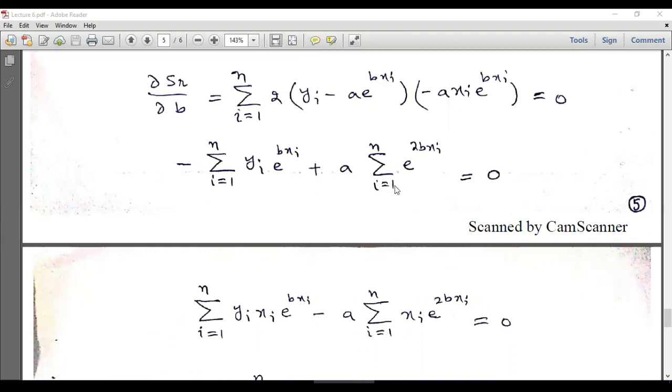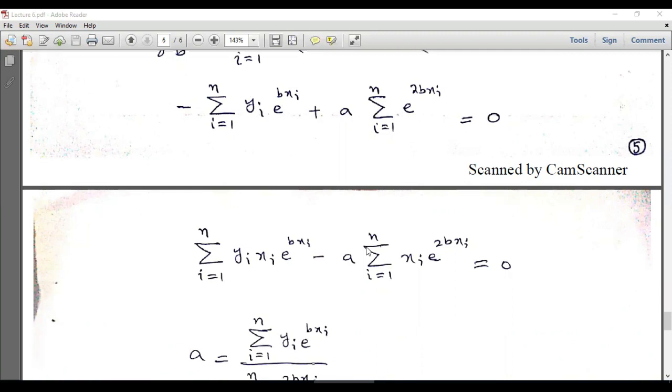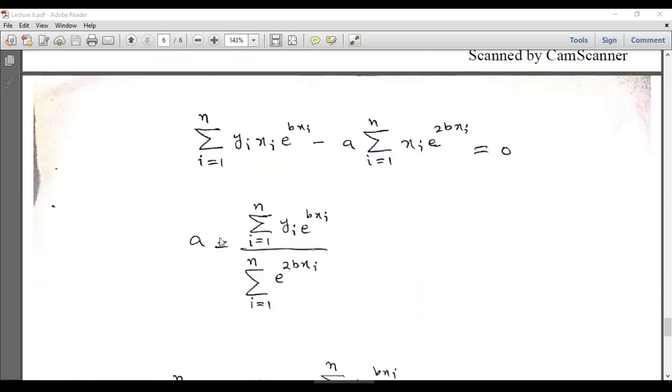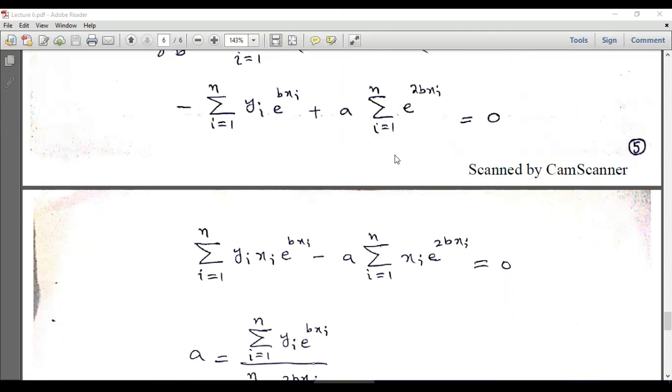So these are the two terms, and from these two equations we can find out the equation for a, and this equation for a is actually evaluated from the first equation. So this a is equal to this summation divided by this summation.